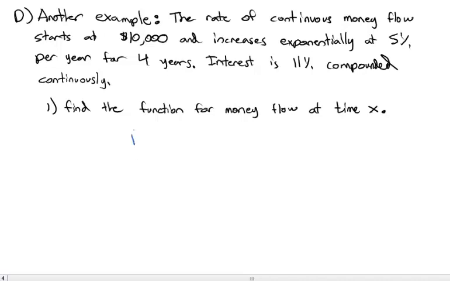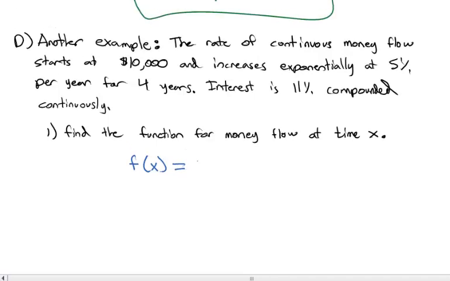So the function for the current money flow, the amount of money that's going in right now, not the total, but just right now, is 10,000 to start off with, increases exponentially, so we have e to some exponent, which is the rate times time, 0.05 times whatever time we're at x. So that's our function.